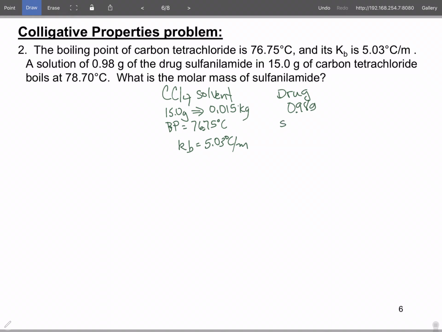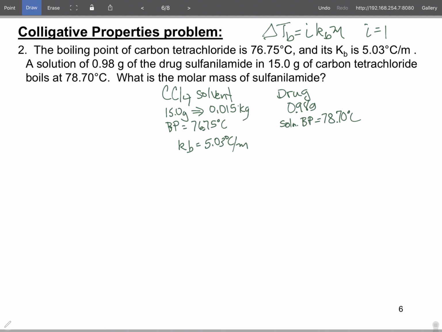And the solution has a boiling point equal to 78.70 degrees C. So we know that delta T sub B is equal to i K sub B times the molality. And i is going to be equal to 1 because, again, this is a molecular compound.